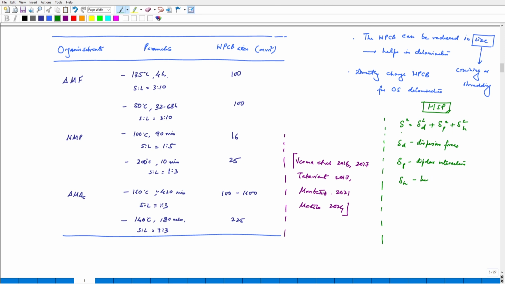Hydrogen bonding. And then finally, these parameters, when combined, help us in understanding why really some organic solvents are good at delaminating the epoxy resins, and the metal fractions are then separated.